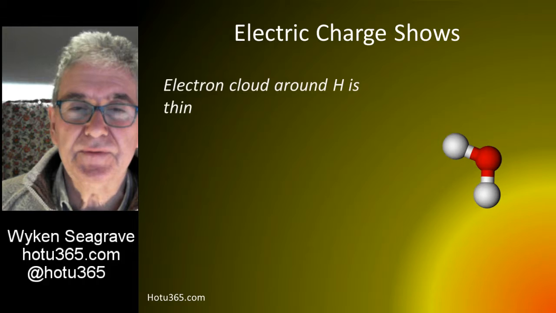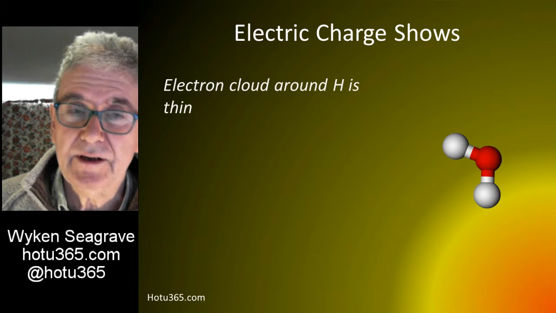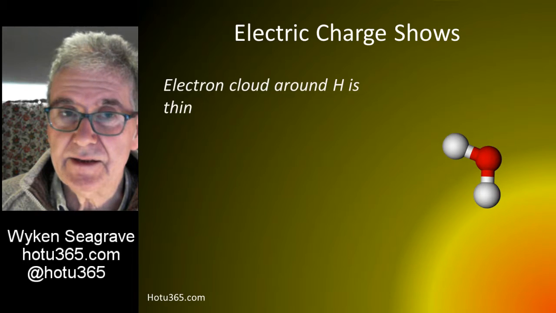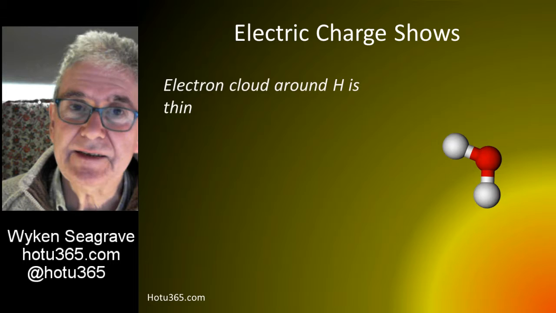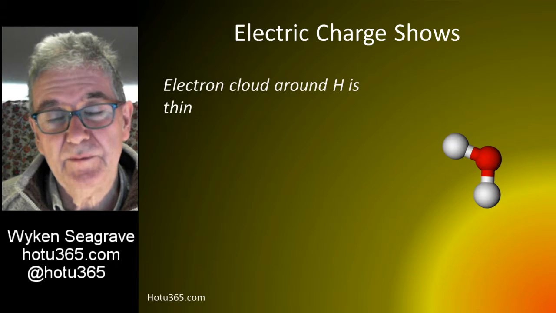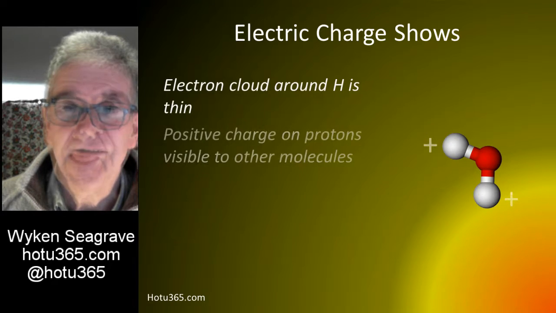Once a molecule is formed, the electron cloud around the outside is thinner in some places than others. For example, around the hydrogen atom, the cloud is thin because the electron has been pulled onto the oxygen to fill its outer shell.